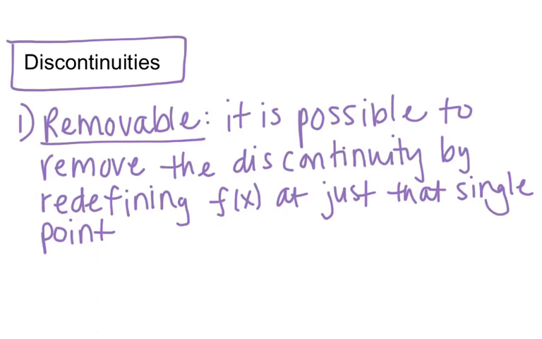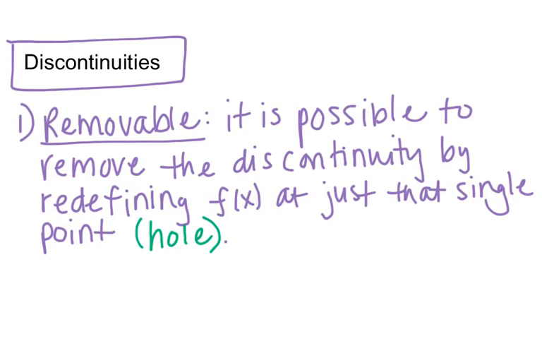And so the only type that we can consider removable would be a hole, right? Because we can literally fill in a hole with a value so that it's not a hole anymore, and then our graph would magically be continuous again.